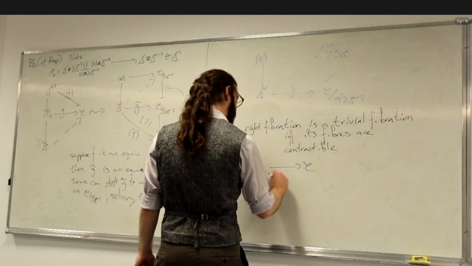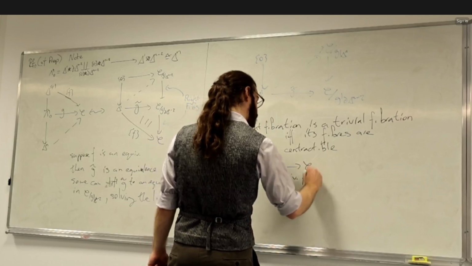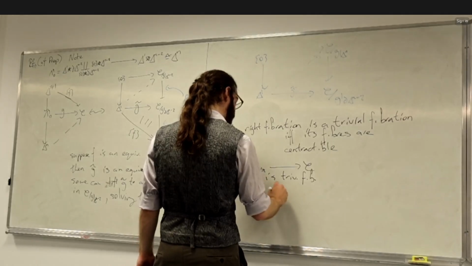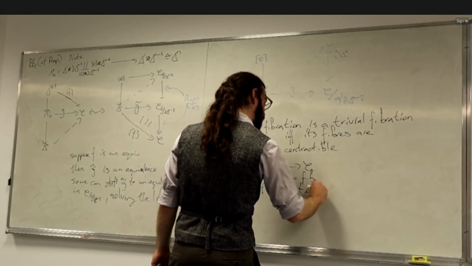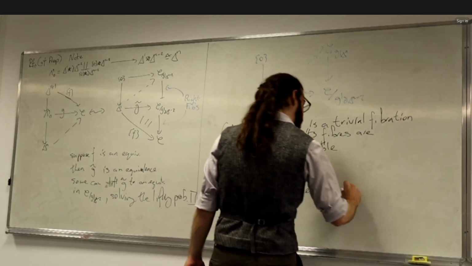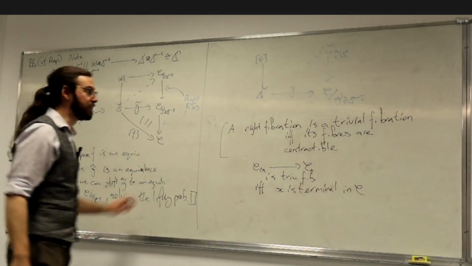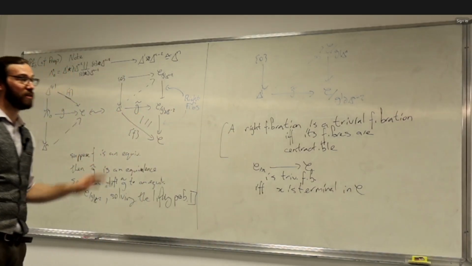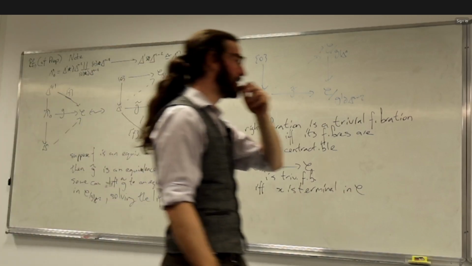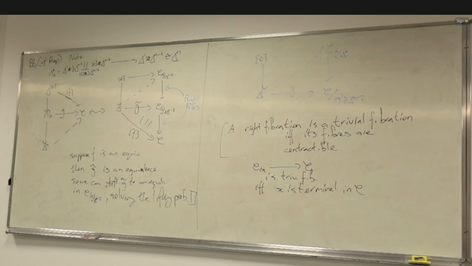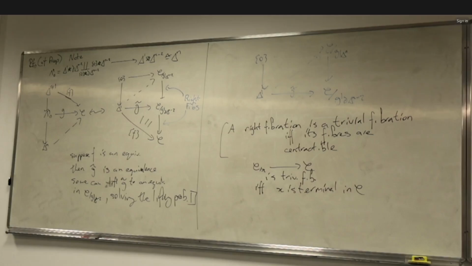So this is a trivial fibration if and only if X is terminal in C. And this statement is proven using much the same sort of technology that we've been discussing so far, just a much more challenging combinatorial component. The push-out product that one has to study in that combinatorial argument takes several pages of argumentation to resolve.